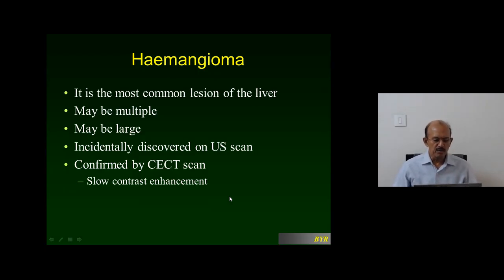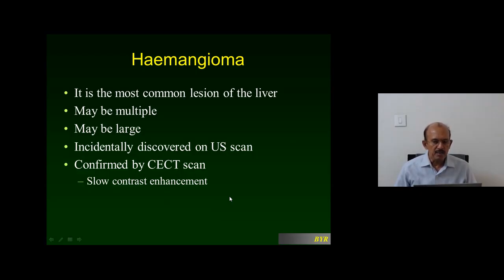The most common variety is the capillary hemangioma. Arterial hemangiomas of the liver cannot occur. Venous hemangioma sometimes may be there mixed with capillary hemangioma. So most of the malformations are because of capillary hemangiomas.